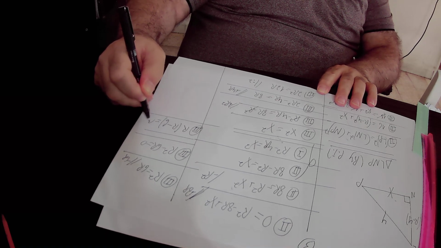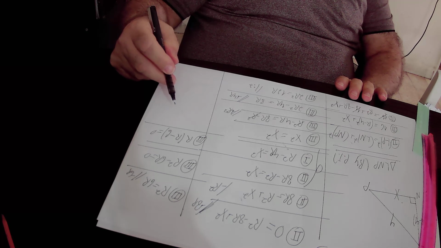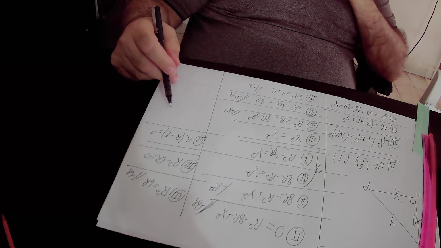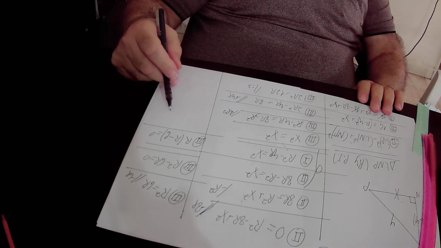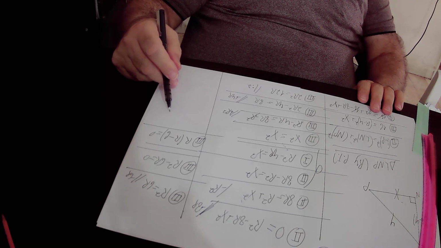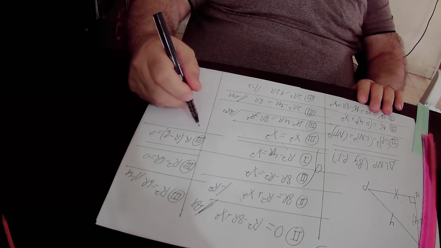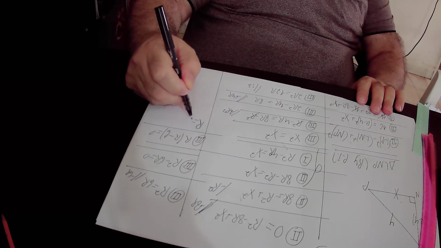So in conclusion, according to equation number 3, r times (r minus 6) equals 0. Here we have two possible solutions for r. The first solution for capital R is that capital R equals 0.